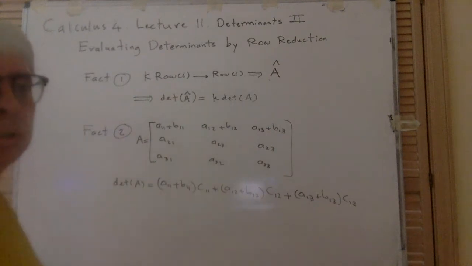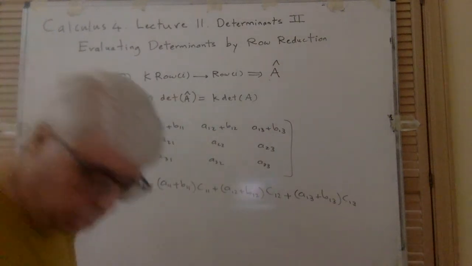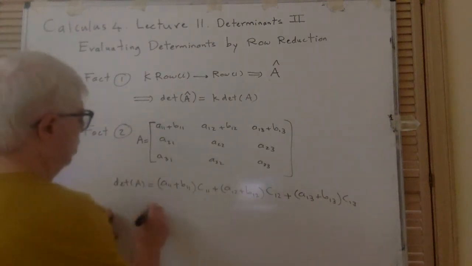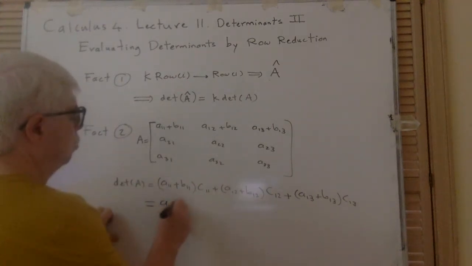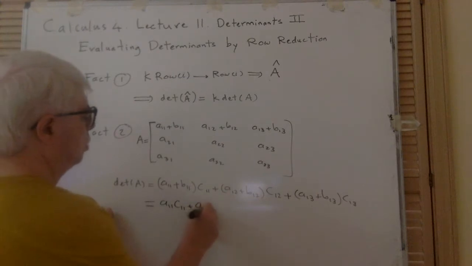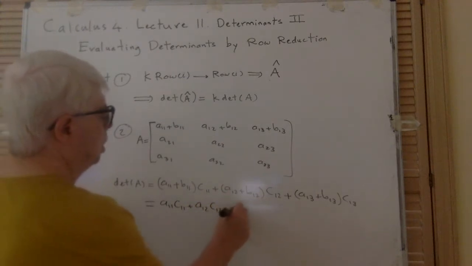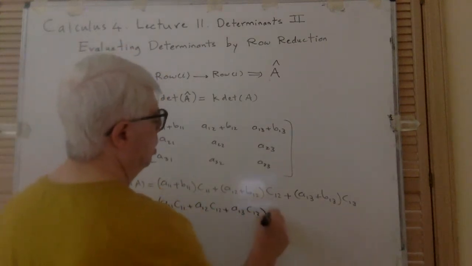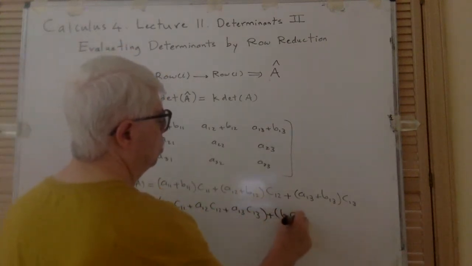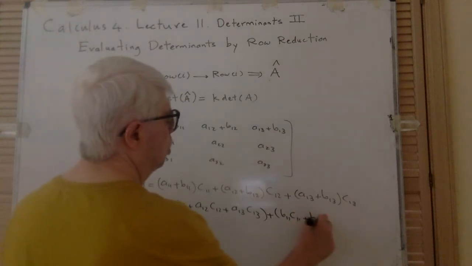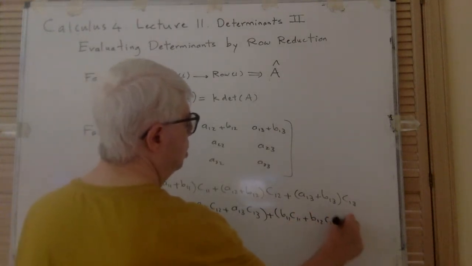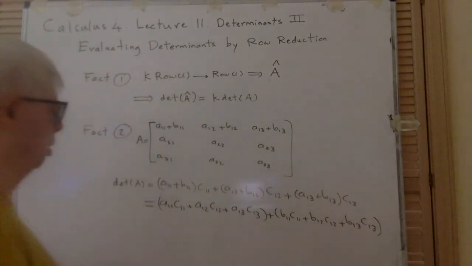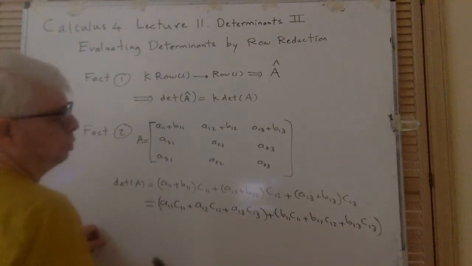If I distribute this, I will get A11 C11 plus A12 C12 plus A13 C13, and the same happens to B: B11 C11, B12 C12, B13 C13. But these are determinants of two different matrices.